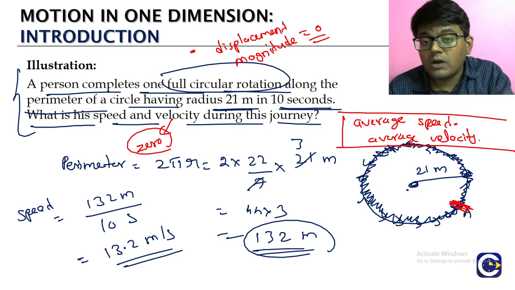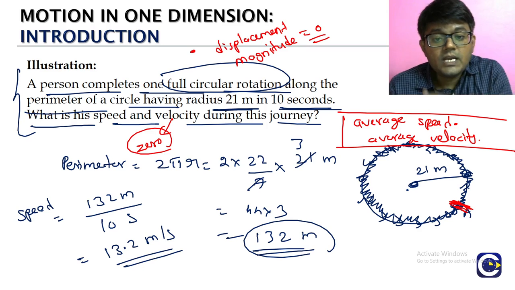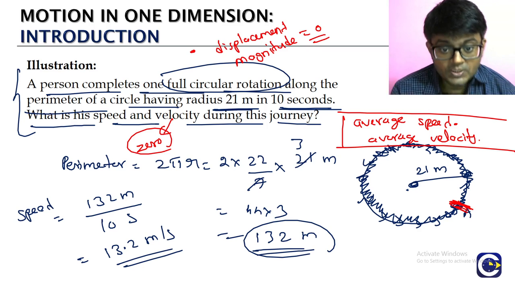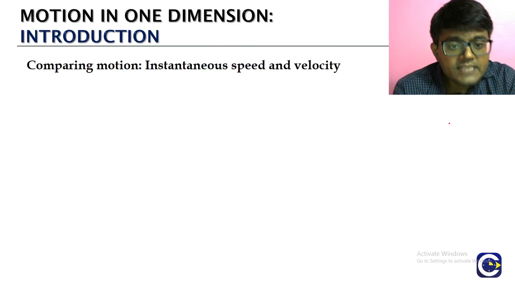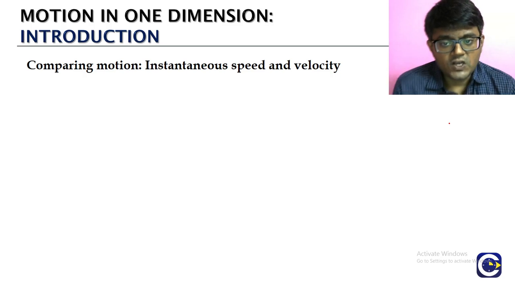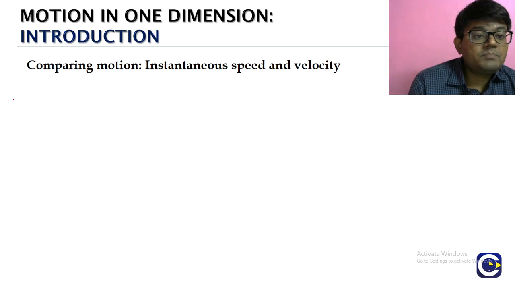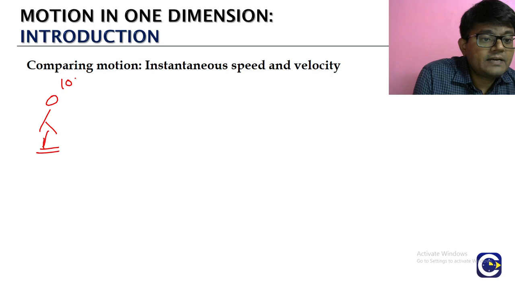There is one more way of defining the speed and velocity, which we will call instantaneous speed and instantaneous velocity. What is it called? Instantaneous speed and instantaneous velocity. Okay, so we will see how we will talk about the instantaneous speed and instantaneous velocity. So I'll just take the example of that Usain Bolt, that particular 100-meter race.